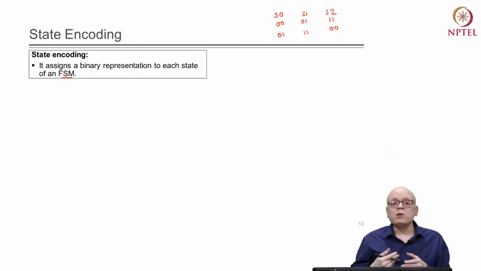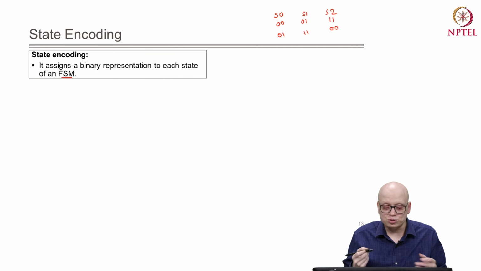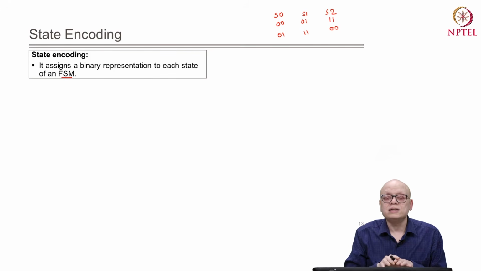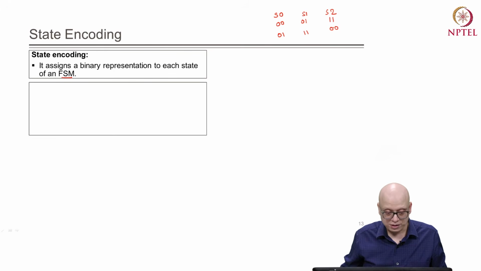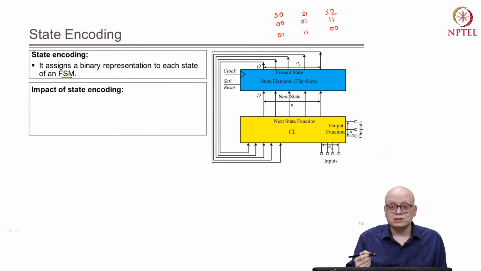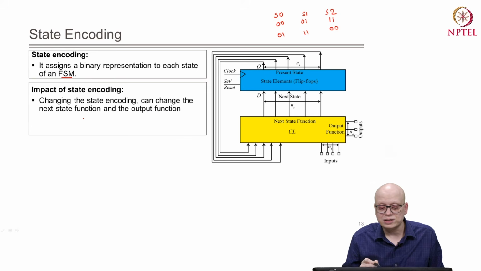Now, the problem of state encoding is how we should assign it such that our FSM implementation is optimal, right. So, how does the state encoding impact the behavior or the area of our circuit? Changing the state encoding can change the next state function and the output function.